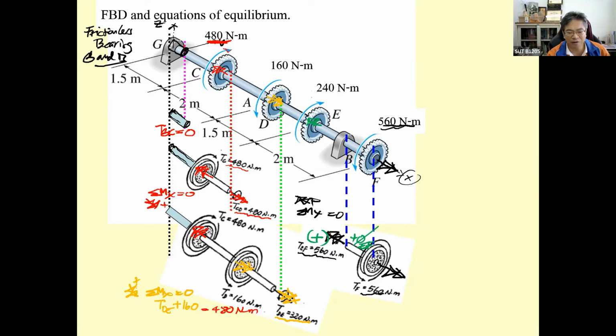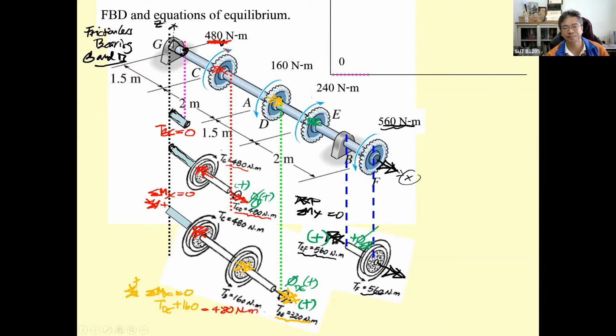And this one also is positive torsion because the arrow points out. Okay, and this is going to produce positive angle of twist DE. And this one also is positive torsion, and then the angle over here, let's say CD, is going to be positive.